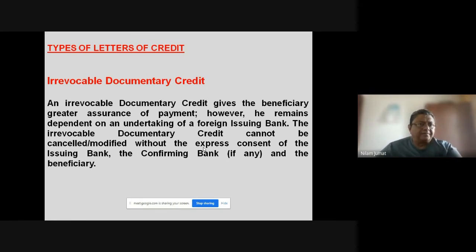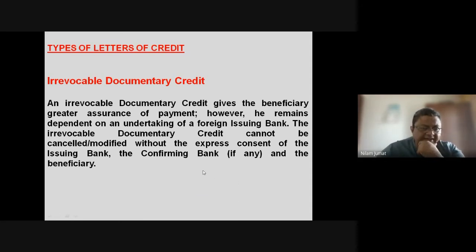However, if the exporter is agreeable to the change, then that condition can be changed. You see? Express consent of the beneficiary. So if the beneficiary consents, you can change.